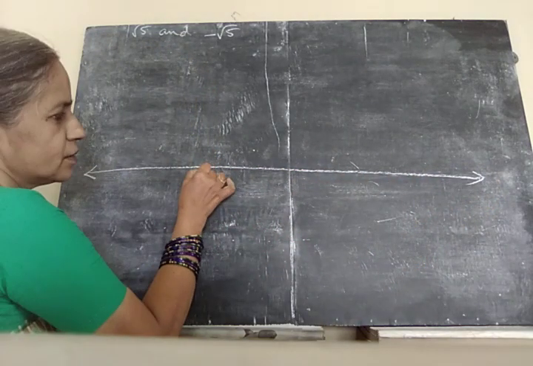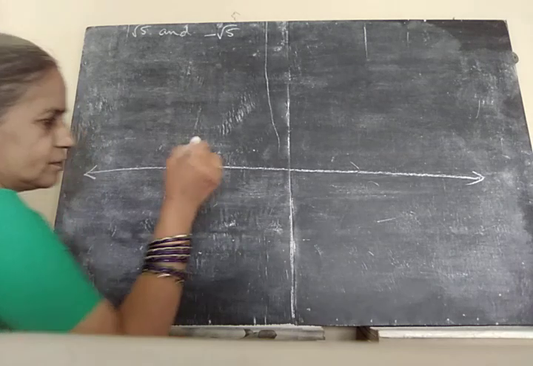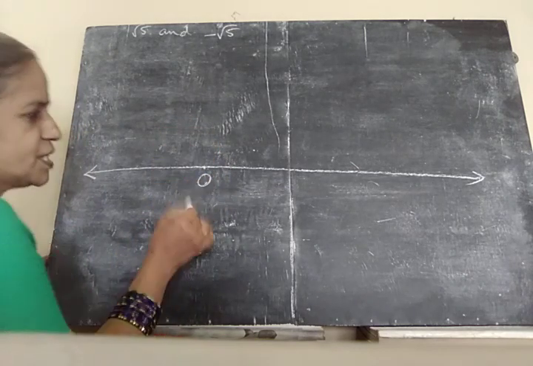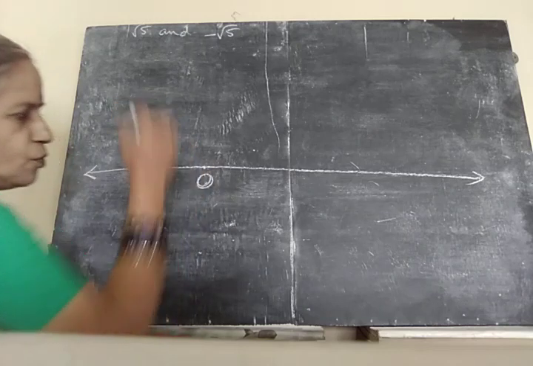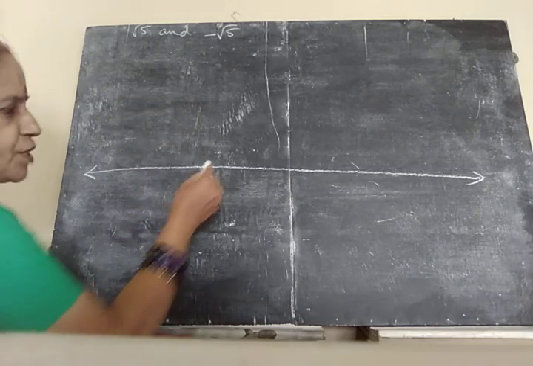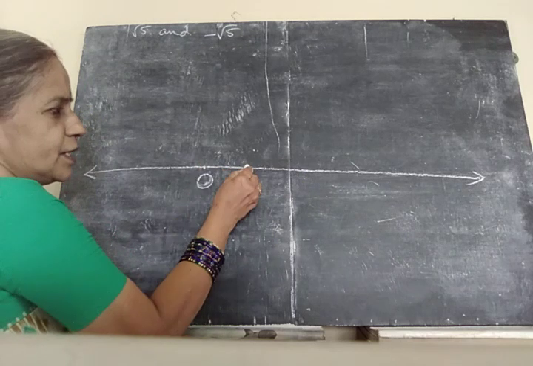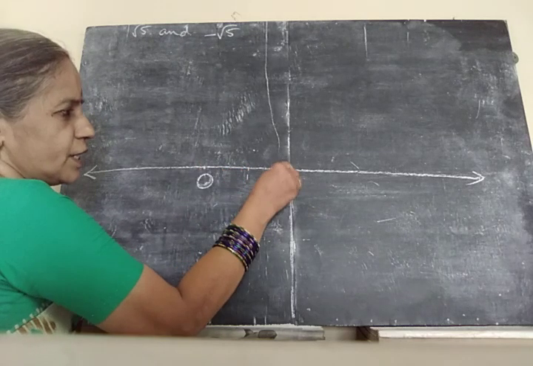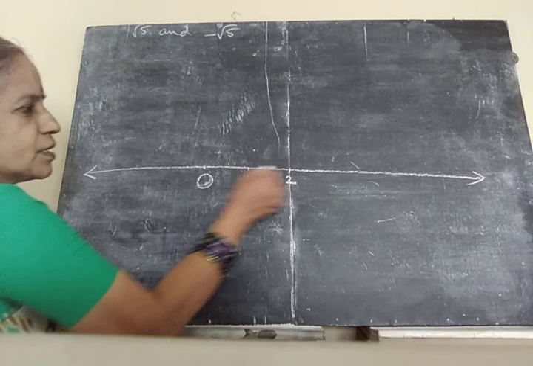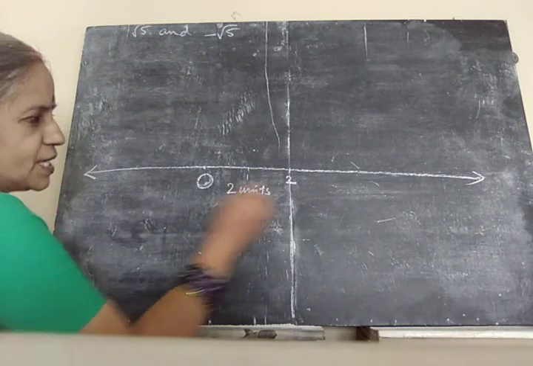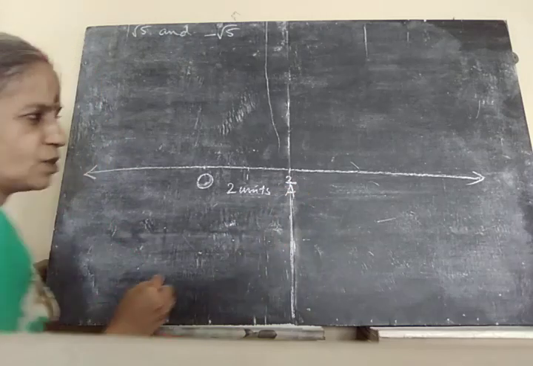As usual, mark 0, and let the point be O. And from here take 1 unit and another unit, so 2 units. Take 2 units as base and let this point be A.